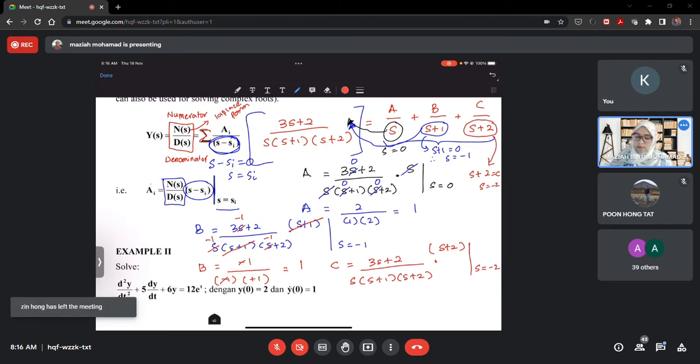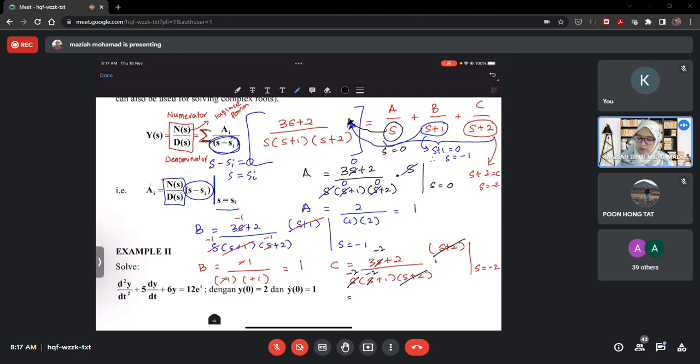Okay, similar step. We're going to cancel s plus 2, s plus 2. And then we're going to replace minus 2 into the s term. So this one will become minus 2, this one becomes minus 2, this one will become minus 2.